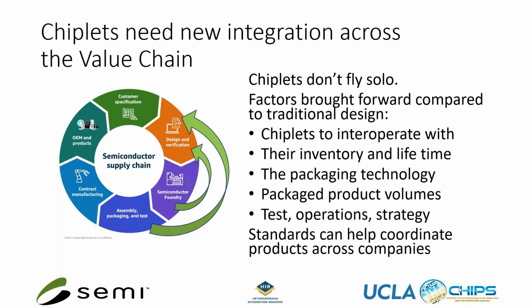The way you test at wafer sort and the fully packaged product changes, and obviously packaged product volumes matter in terms of your package design, etc. The basic thought process is that standards can help coordinate products across companies. This is a concept we have highlighted multiple times since we started thinking about this idea of an open chiplet economy a few months ago.